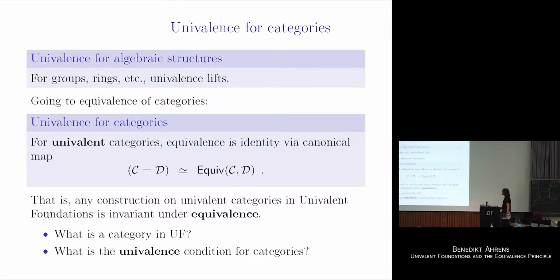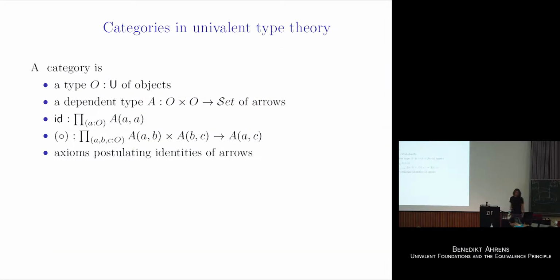So what are univalent categories? Let's start with the definition of what a category is. It's more or less the thing that I had shown in the first part of the talk. A category here in univalent type theory is given by a type of objects and a dependent type of arrows.